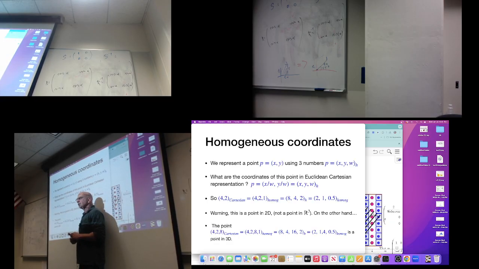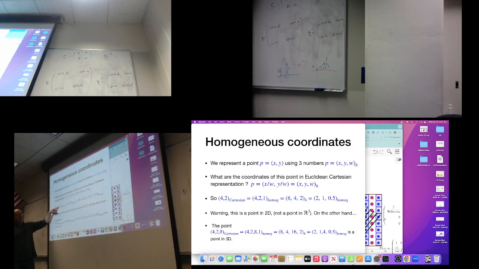It is a location of a point in 3 dimensions, maybe, but not right now. I need to tell next to it, is this in Cartesian coordinates, or is this in homogeneous coordinates? The triple of numbers 4, 2, 1 means very different things if they are in homogeneous coordinates or in Cartesian coordinates.